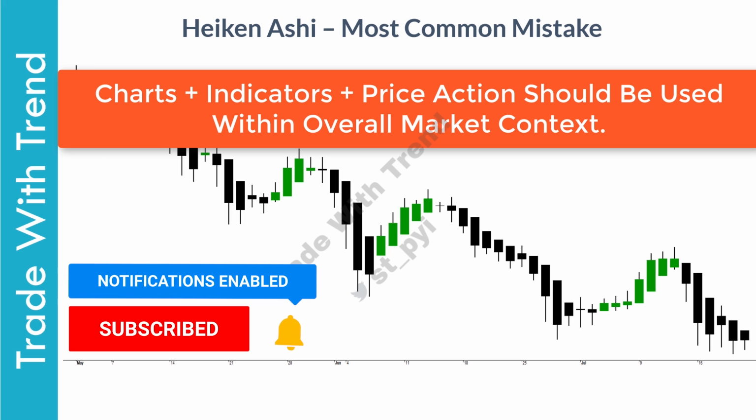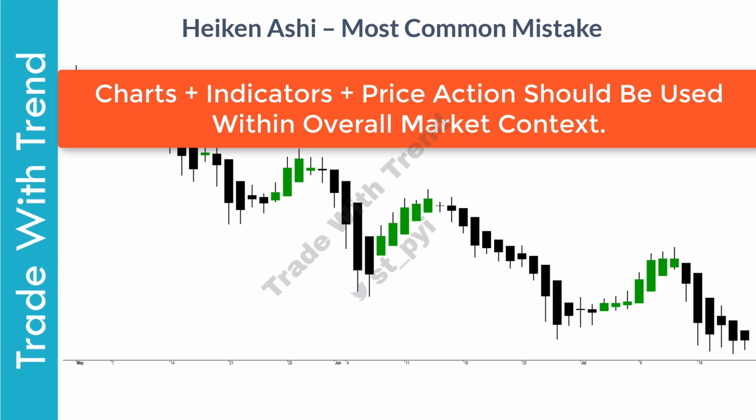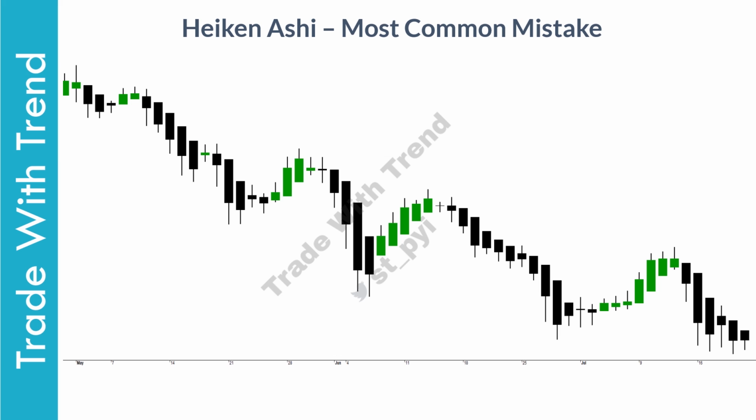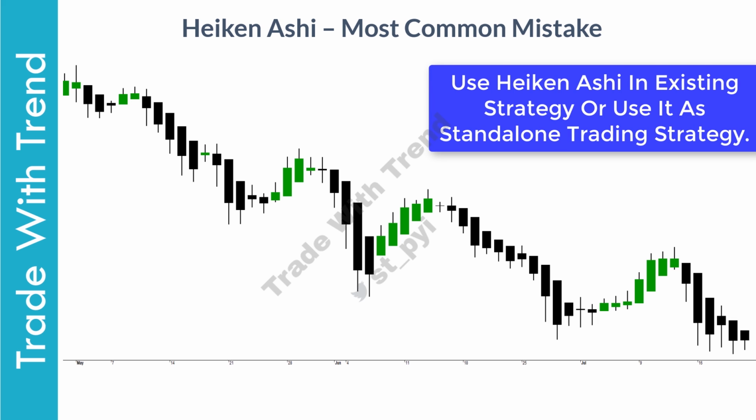Always remember that charts and charting methods need to be viewed within overall context. Without this, you will find it difficult to assess a chart and the opportunities presented by it. When it comes to Heikin Ashi candlesticks, the best way to incorporate them is to use them with your existing trading strategy. You can also trade it on a standalone basis, but by combining it with your own strategy, you will add another dimension of analysis to your trading.